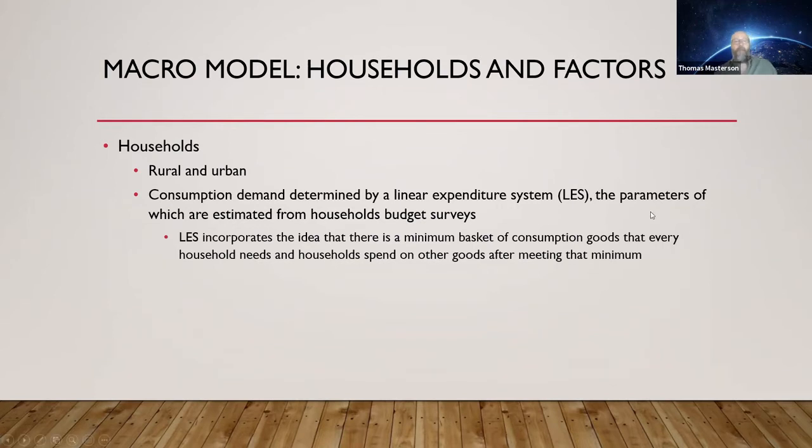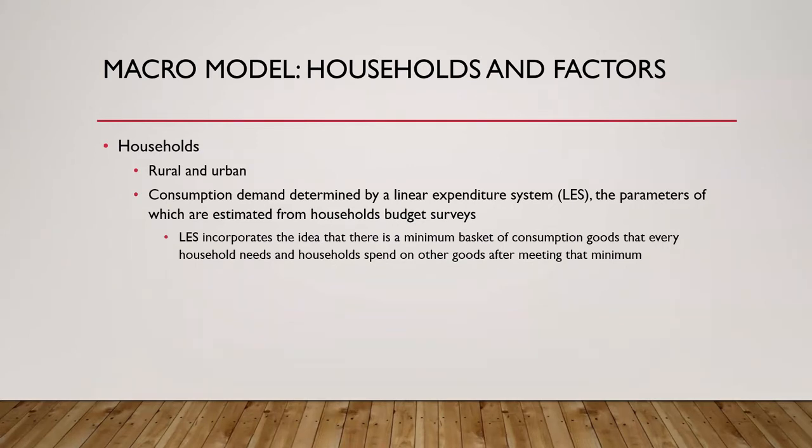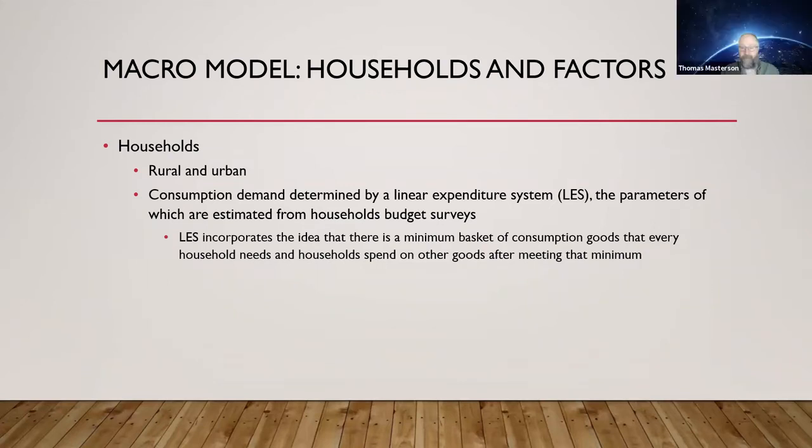What we're going to see is changes in consumption based on changes in employment and income. So the question is, how will the changes that we find manifest themselves in changes in consumption demand among the household sector?